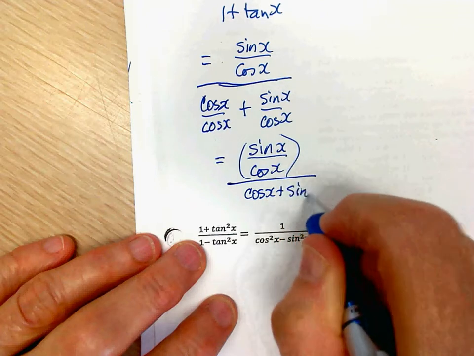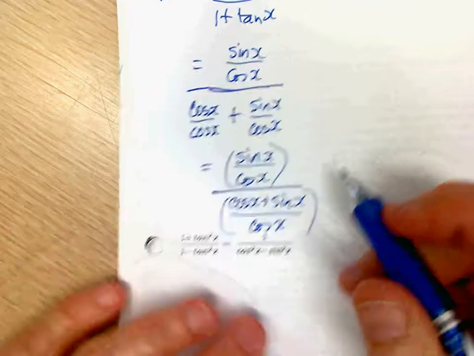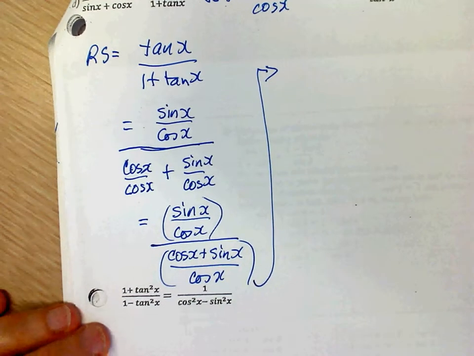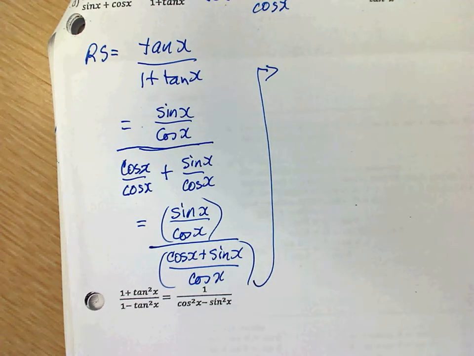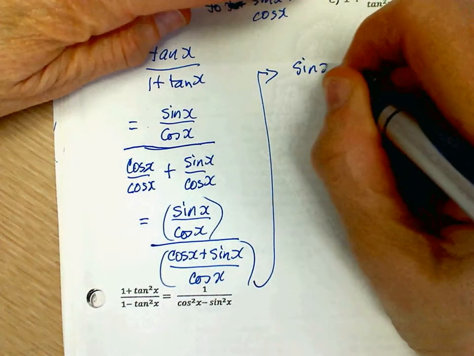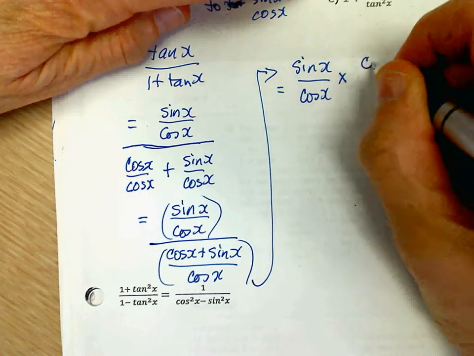We'll bring that over here. When you divide by a rational expression or a fraction, you multiply by the reciprocal. So you have sine x over cos x times cos x over sine x plus cos x.